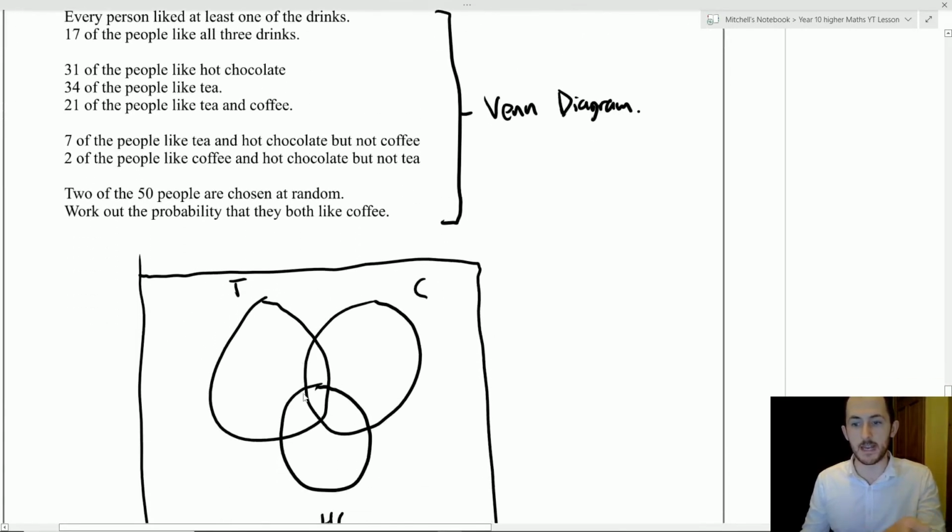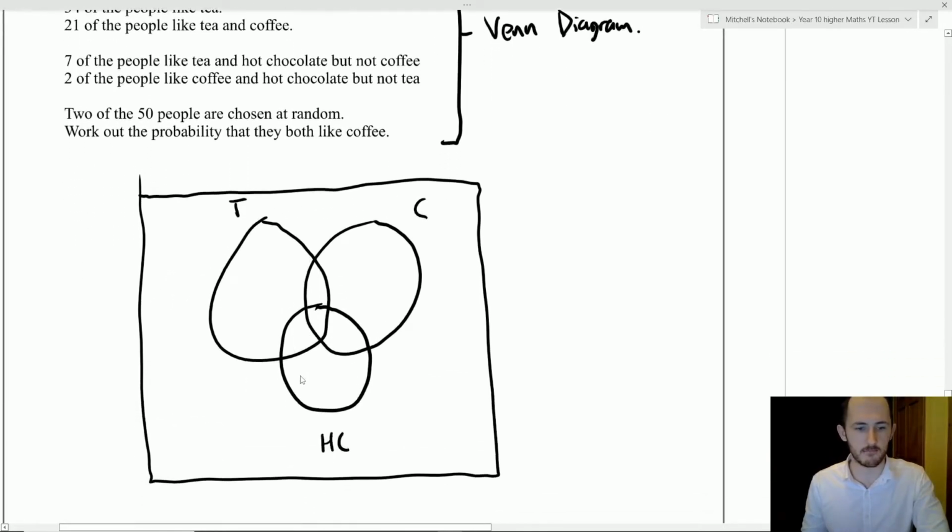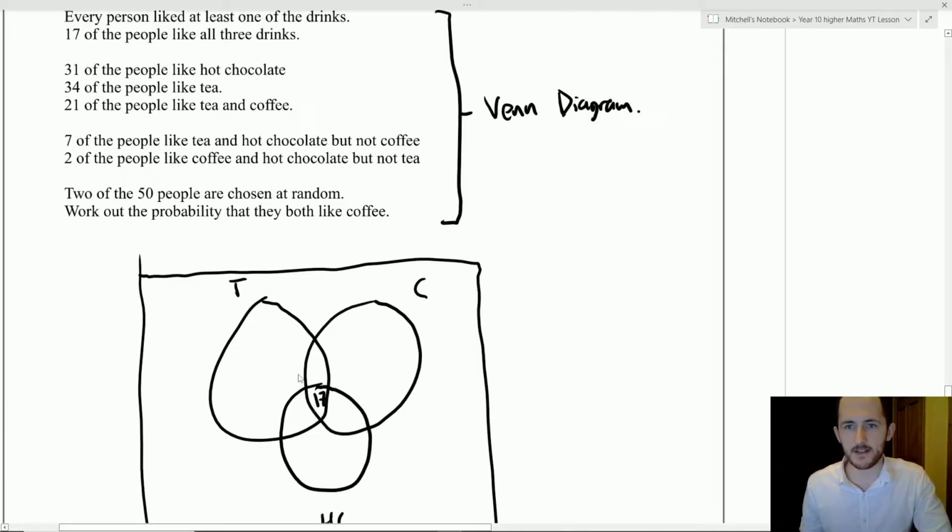So the innermost is all three drinks. Sorry, one person likes all three drinks. 17 people like all three drinks. There we go. Now, let's try and work out how many people like coffee and hot chocolate, but not tea. So they like coffee and hot chocolate.